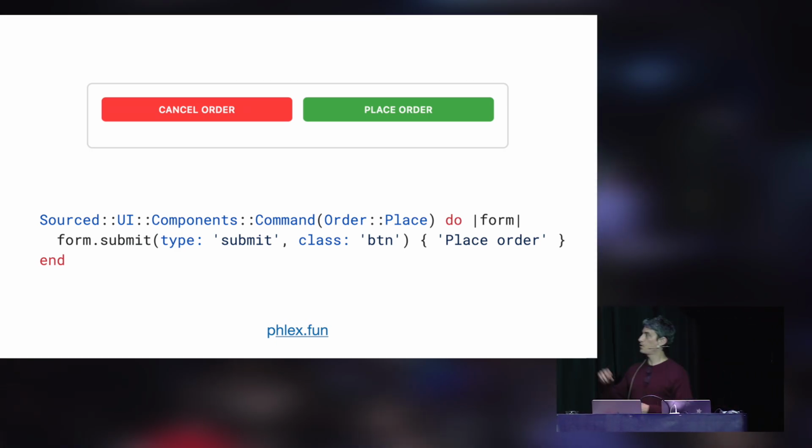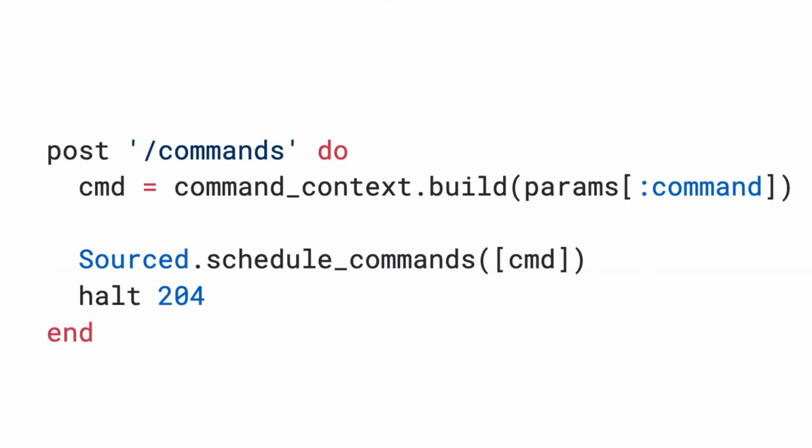That request goes to this Sinatra controller, where I build the command instance from the incoming parameters. I have some validation code that I'm omitting here. And then my library is called Sourced, by the way. I just ask Sourced to schedule that command, and it will put it in a command bus and do everything asynchronously in the background. That's it. That's sending a command.